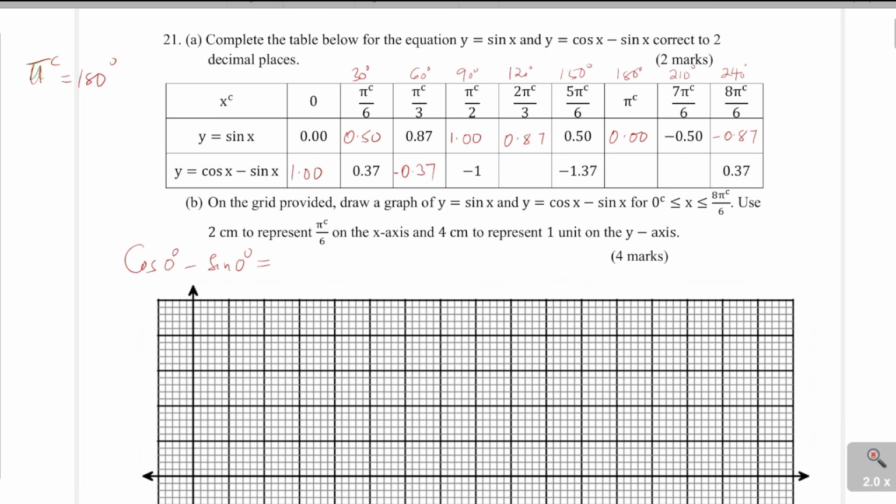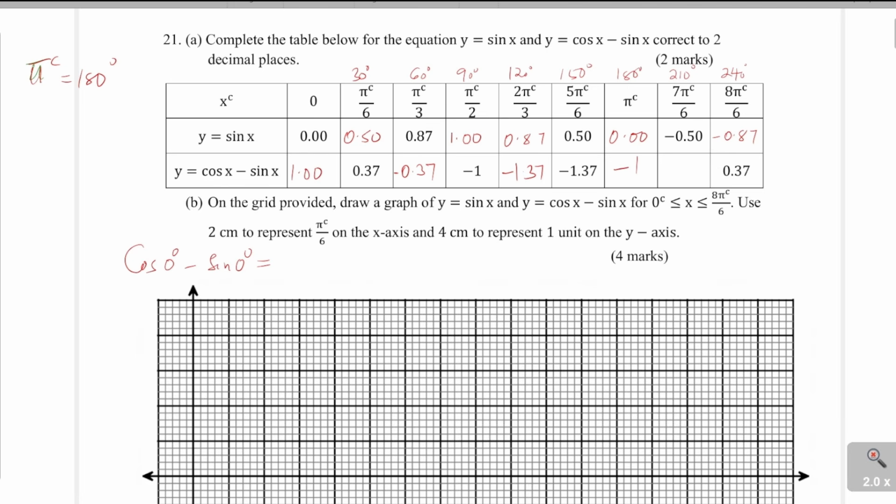0.37. Then for 90, we have negative 1, 120. So cosine of 120, subtract sine of 120. That is negative 1.37. Then the next is 180. Cos 180, subtract sine 180. That will give negative 1.